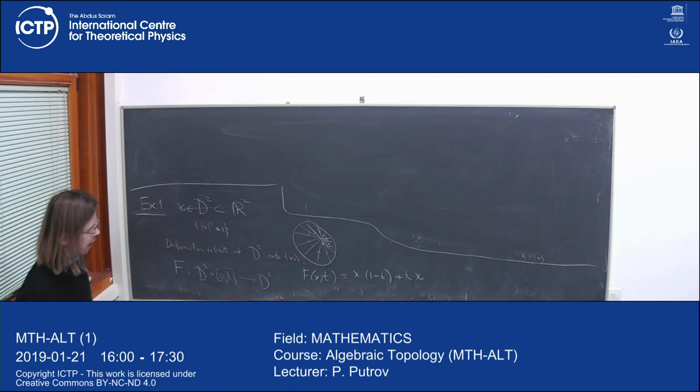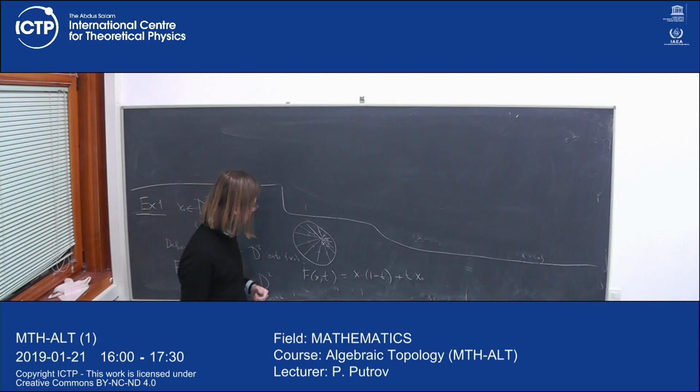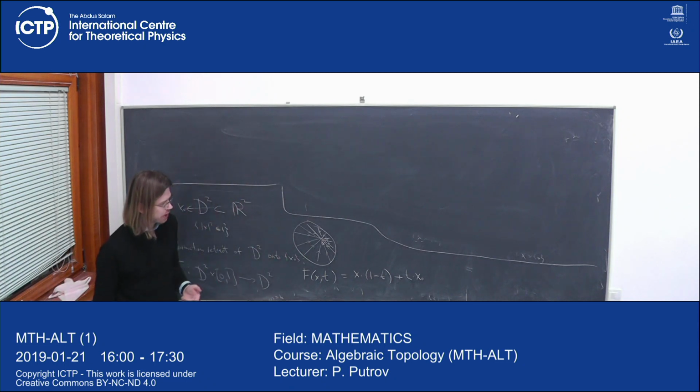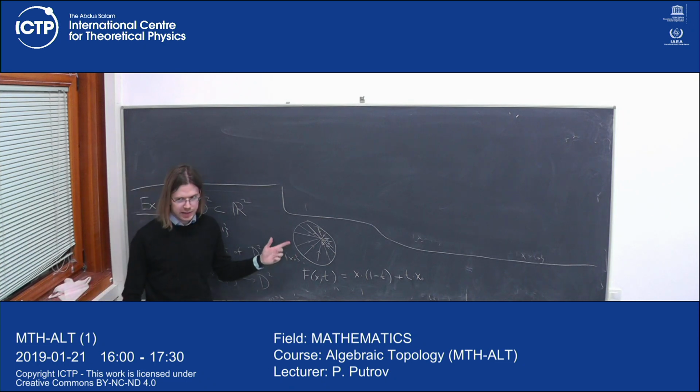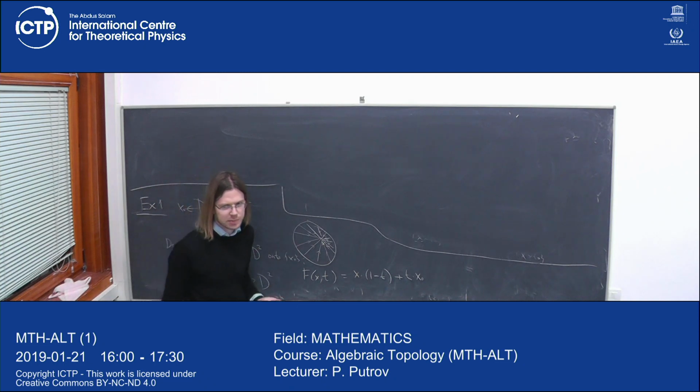It's easy to show here. Well, let me show it a bit later. I will show that a deformation retract is actually a homotopy equivalence between the space and the subspace. Once we show it, it will follow that the disk is homotopy equivalent to a point, but of course the disk is not homeomorphic to a point because there is no one-to-one bijection. There is no inverse.